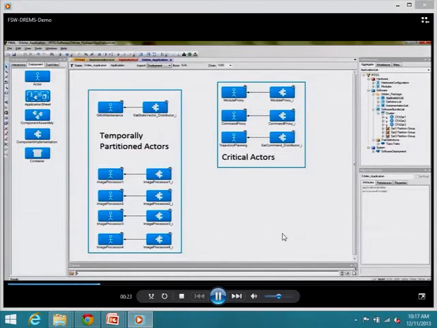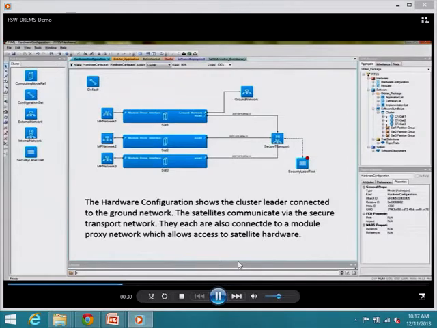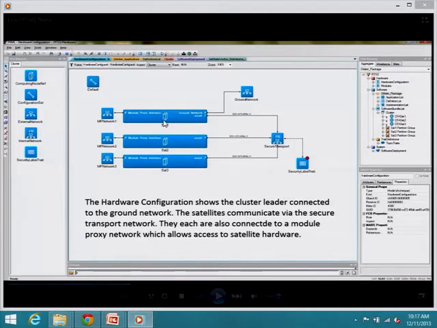So this goes along a little bit. Okay, so here's how the network is configured in the modeling language. So these boxes here represent the satellites. And these are the network interfaces. So this is connected to the ground network, satellite 1, satellite 2, 3.